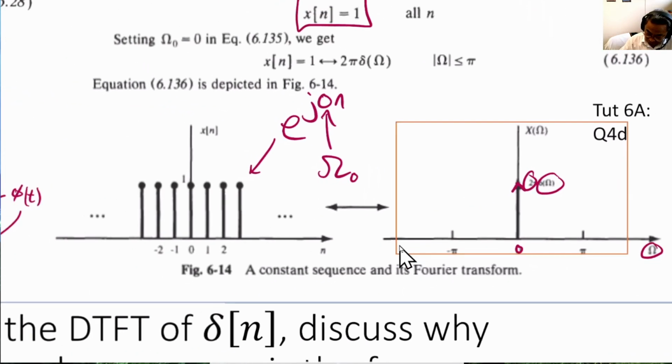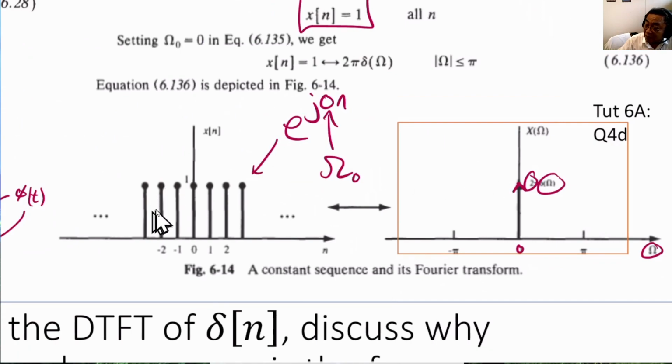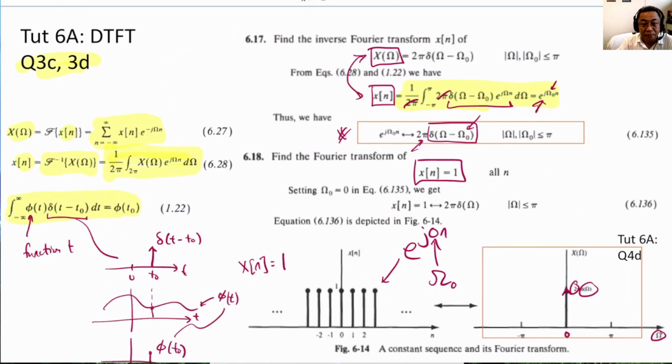So this is the Fourier transform pair. It's not the unit step, it's the constant 1. So x of n equals 1 forever, and its Fourier transform is a delta function at omega equals 0 multiplied by 2 pi. Thank you.